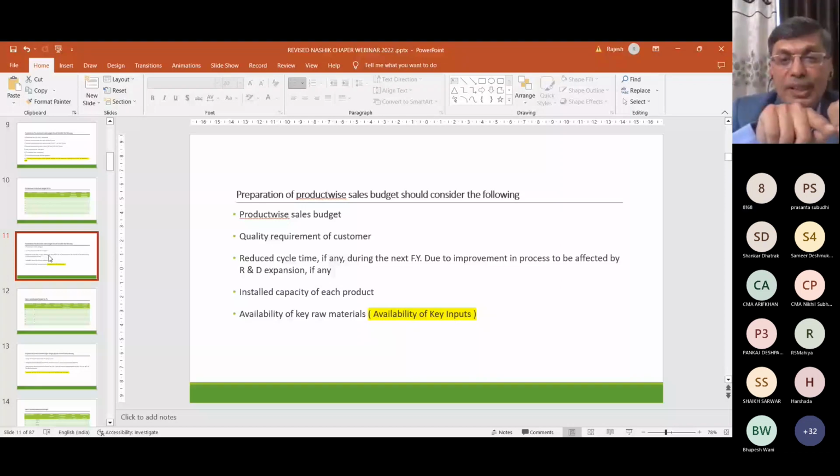For this, it may require proper coordination between sales, production, QC, as well as the purchase department. There has to be proper communication between all these departments to meet the quality requirement of a customer. Then if any efforts are made by the department to reduce the cycle time, it means within the given time, more output will be churned out. So that reduced cycle time needs to be considered.